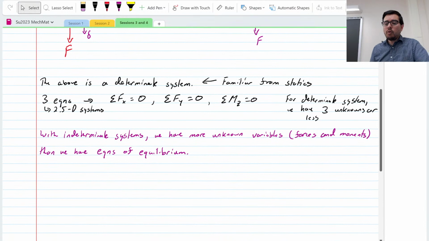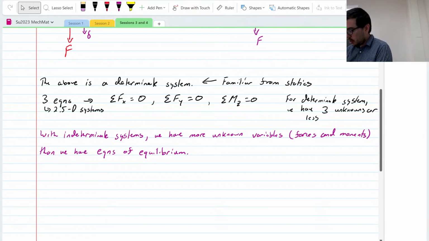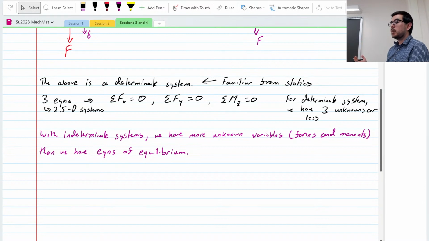For this, we have to find another equation. To find another equation, we have to go beyond equilibrium, essentially.